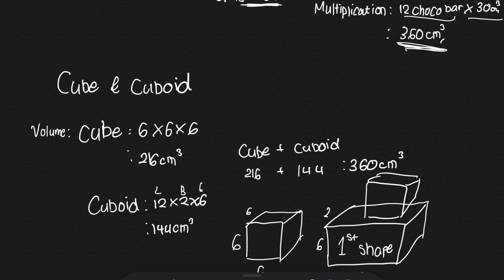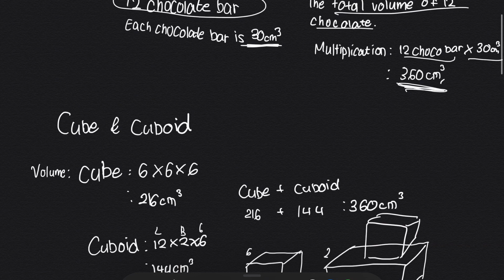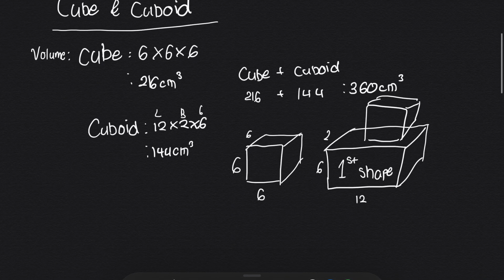Now for the composite figure, I am going to be using a cube and a cuboid for the first one. For the cube volume, I'll be putting 216 centimeters cubed, and for the cuboid, I'm going to be putting 144 centimeters cubed. For the cube, I do 6 times 6 times 6, and for the cuboid, I do 12 times 2 times 6.